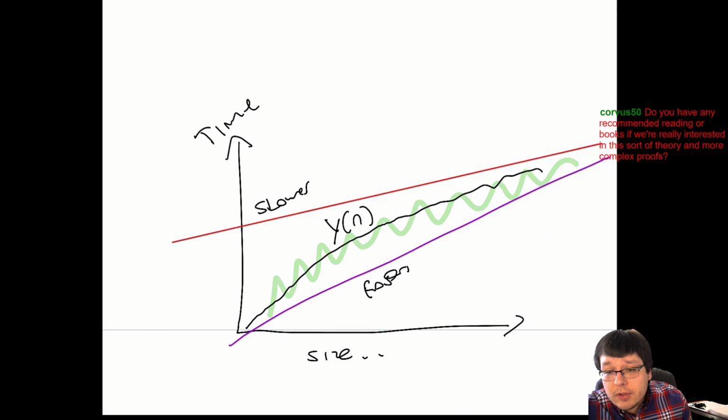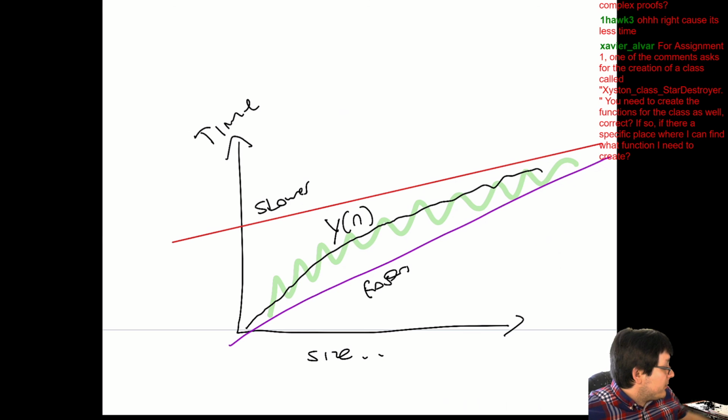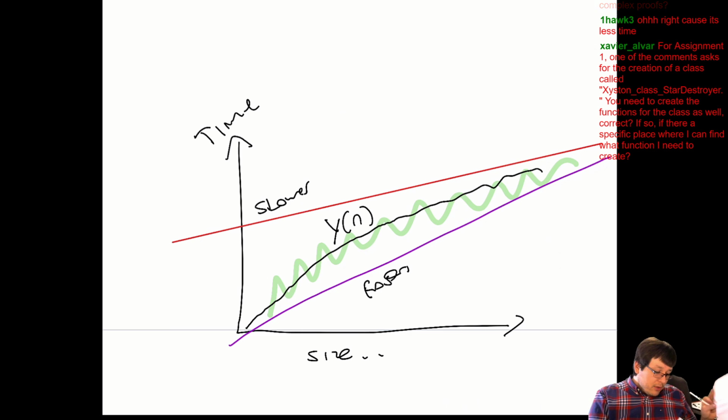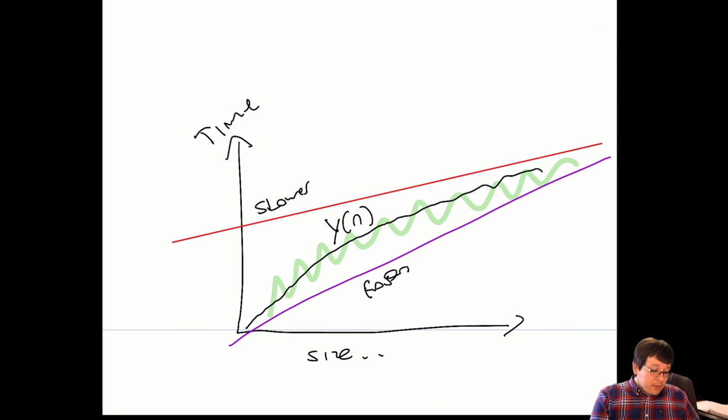You can read the original stuff. If you go to the Wikipedia, you can click on the sources of some of this stuff and then read that. Fun fact: Paul Bachmann and Edmund Landau, and Landau is pretty famous, created the Bachmann-Landau notation, also known as the asymptotic notation, which is what we're doing.